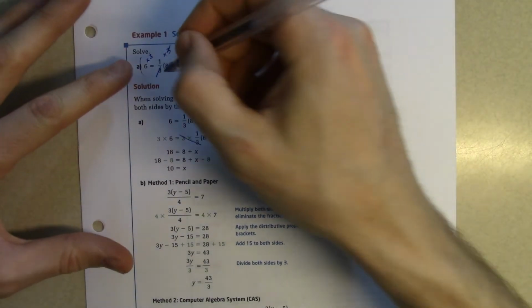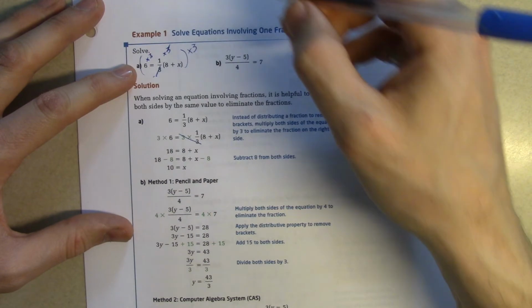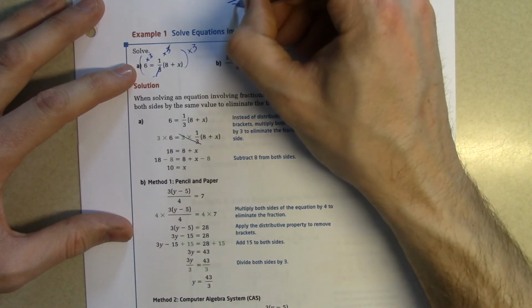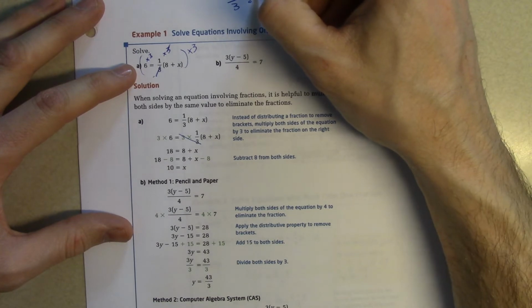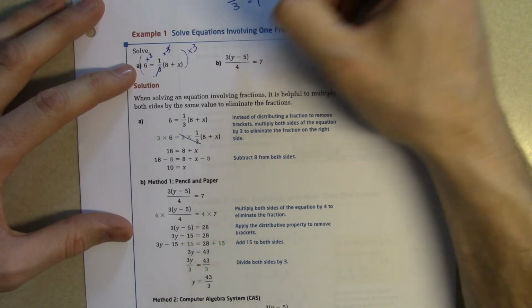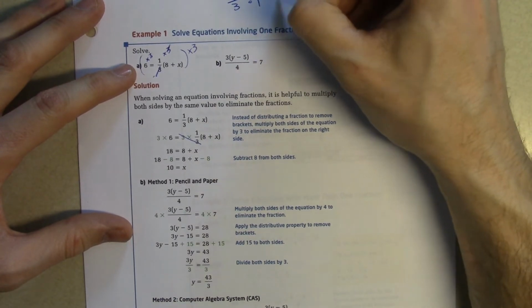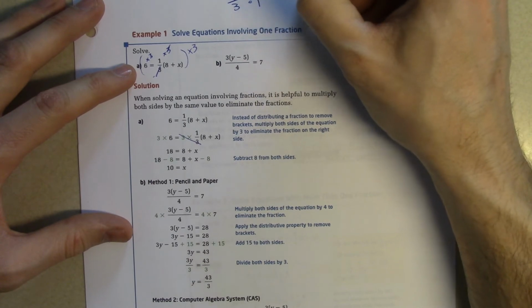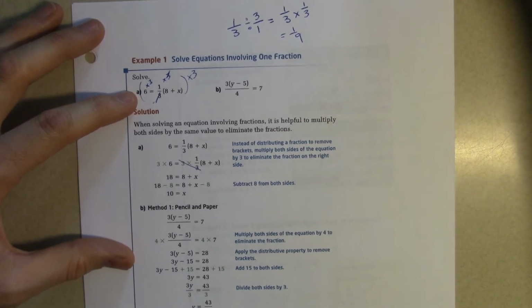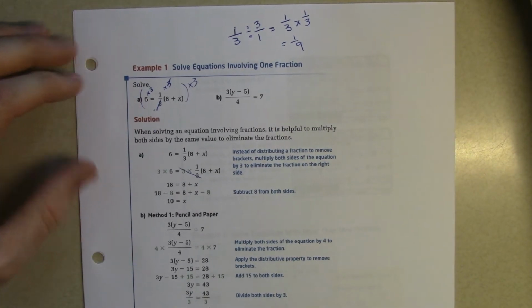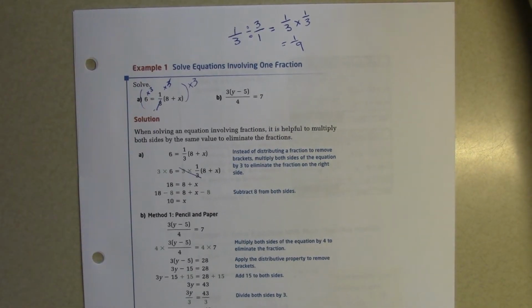No, if you divide 1/3 by 3 over 1, that's going to be 1/3 times 1 over 3, which is 1 over 9. Well, I meant, 1/3, and then you divide it by 1 over 3, you still get the same answer. It becomes 1 over 3 multiplied by 3 over 1.